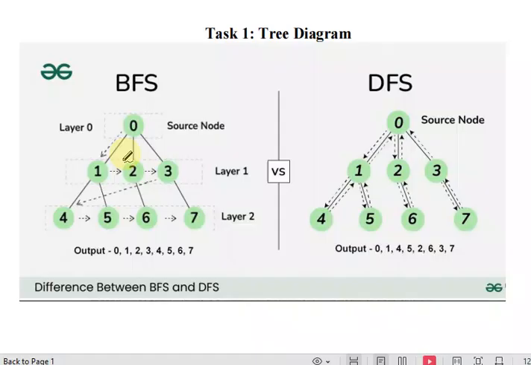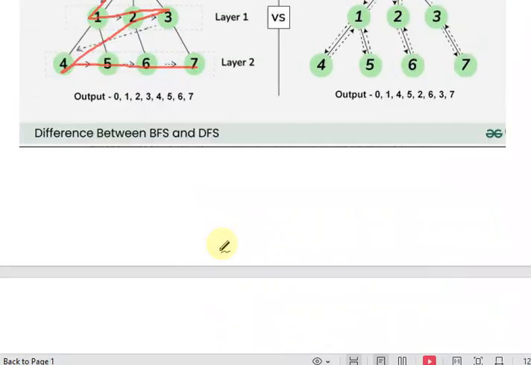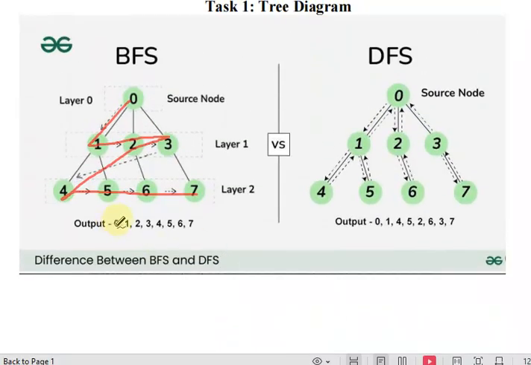And then we will move to 3, and we will add 7 because its child is 7. So we visit in this zigzag method, step by step, 0, 1, 2, 3, 4, 5, 6, 7. As we also have the output here: 0, 1, 2, 3, 4, 5, 6, 7.